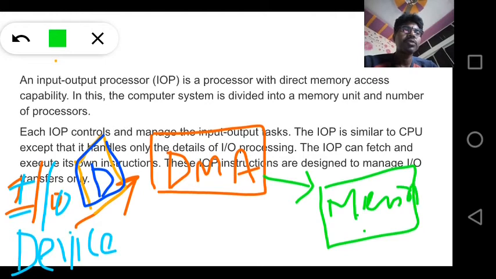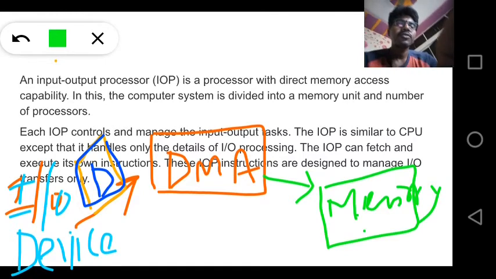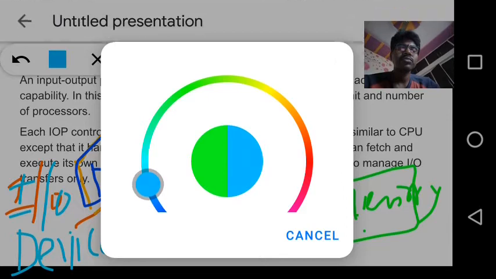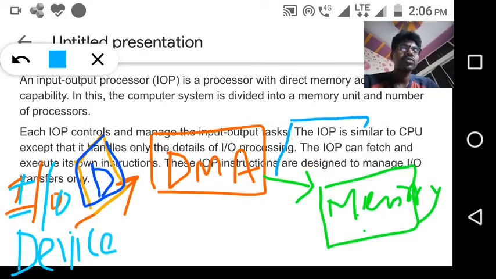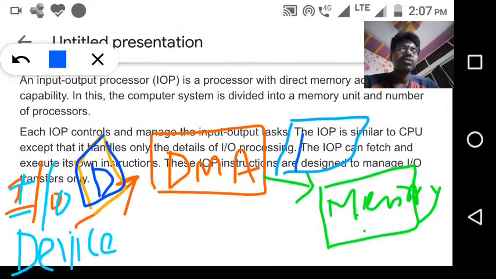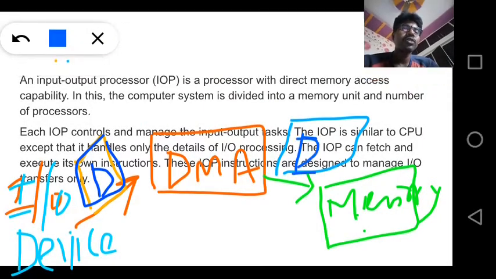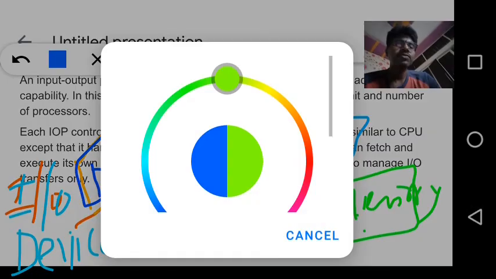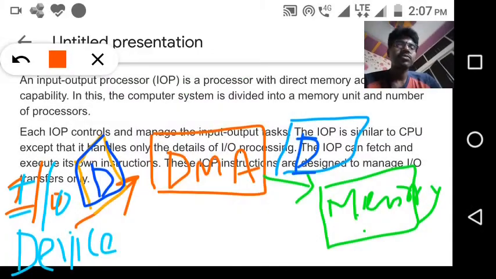If this is my memory, it sends this large amount of data without involvement of the processor.